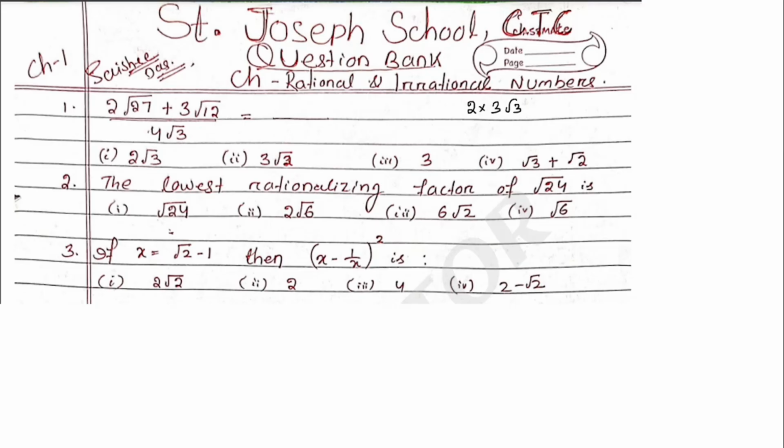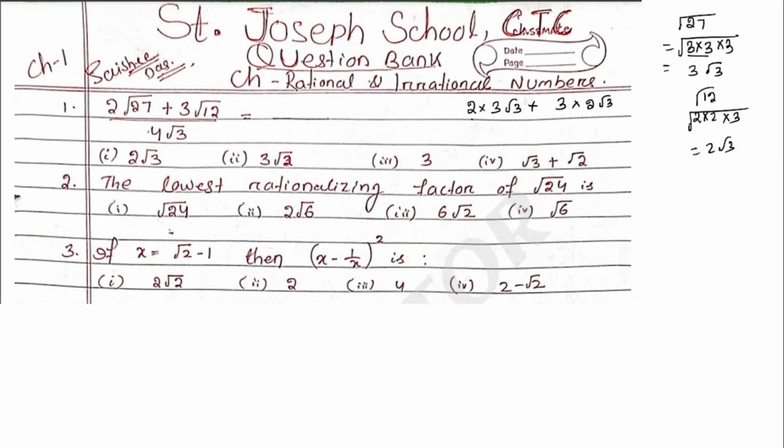How? Because 27 we can write as 3 into 3 into 3 under root. We know that under root, from 2 equal numbers we take out 1, that is 3, then root 3. Now plus 3 root 12, we can write 2 root 3 because 12 is 2 into 2 into 3, that is 2 root 3.